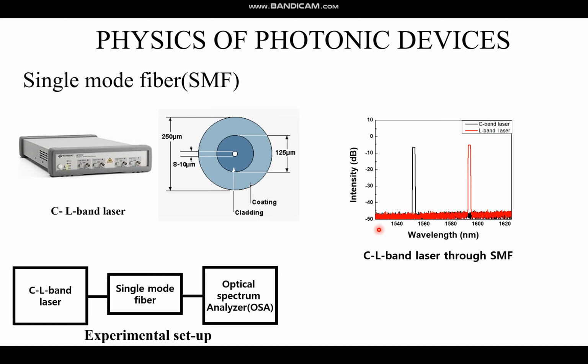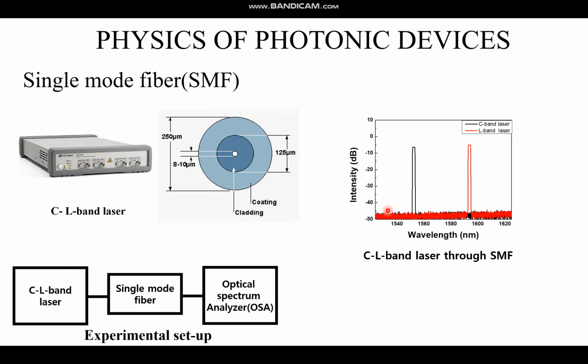As you can see in the wavelength domain, the black one is the C band laser, and the red one is the L band laser. So these lasers differ in the wavelength domain, but both are in the lowest absorption band.